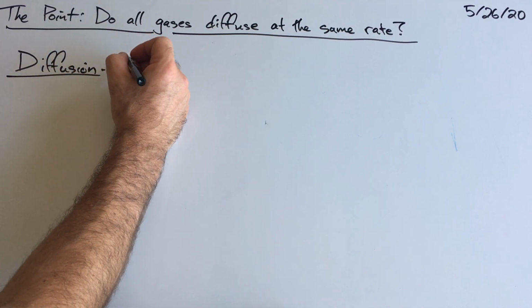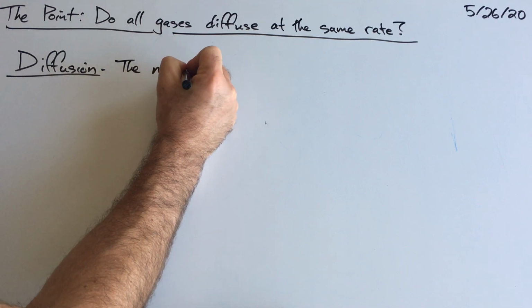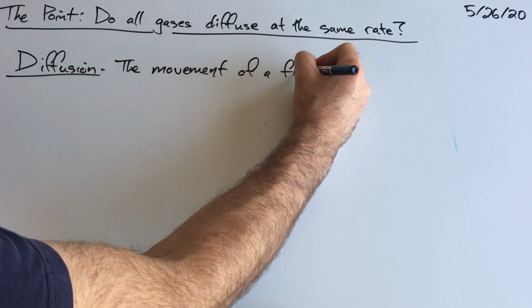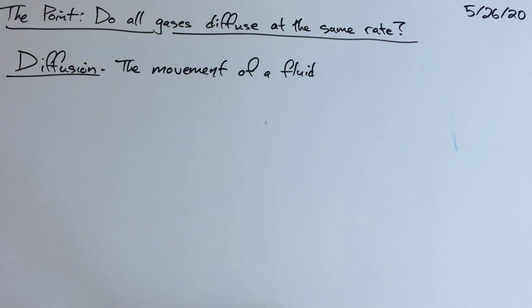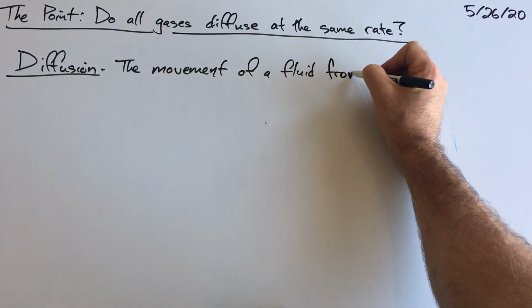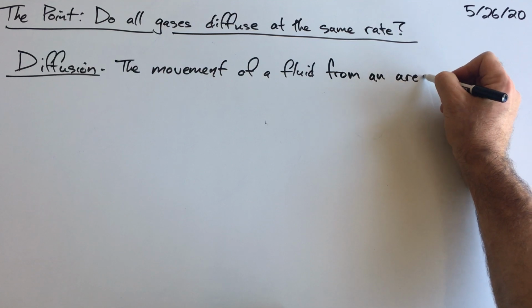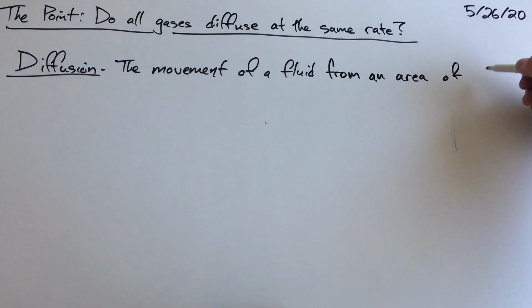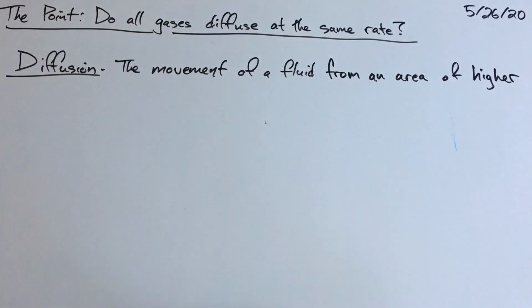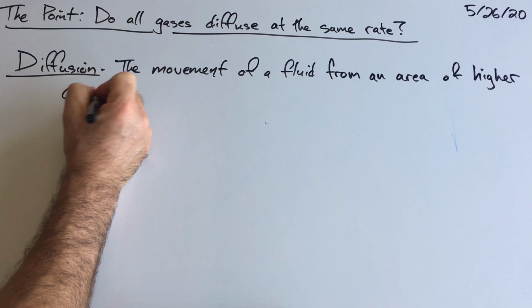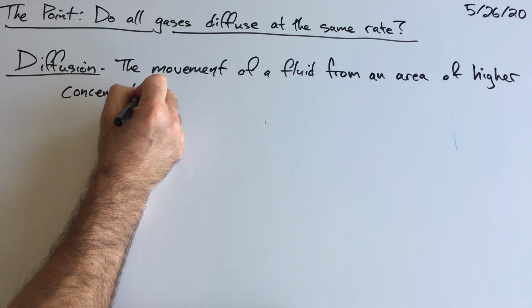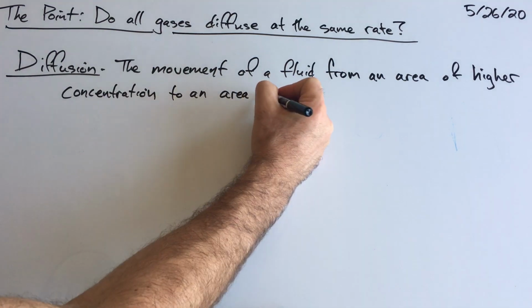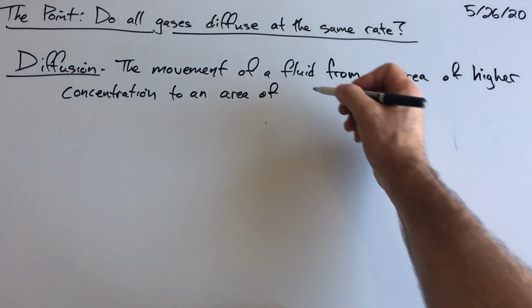Diffusion is the movement of a fluid from an area of higher concentration to an area of lower concentration.